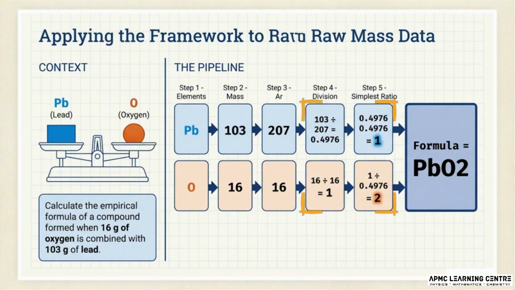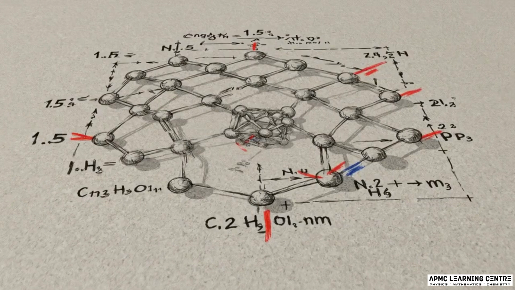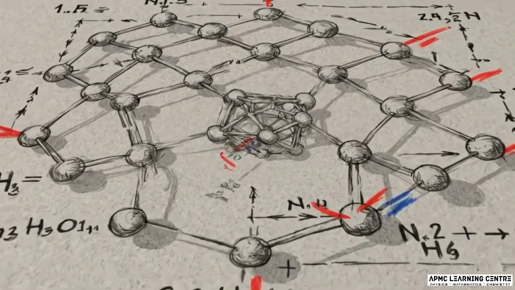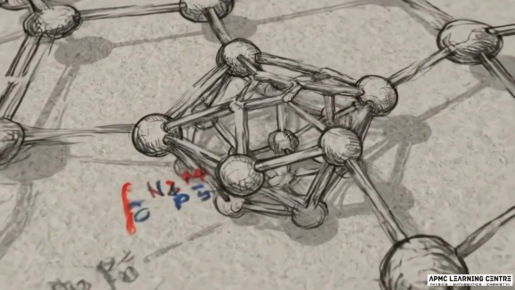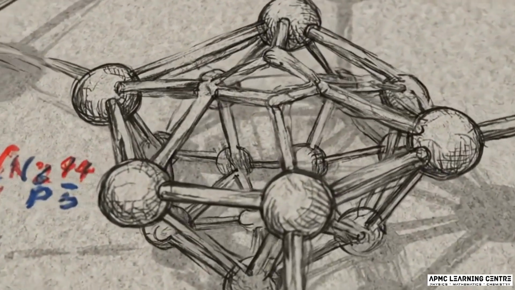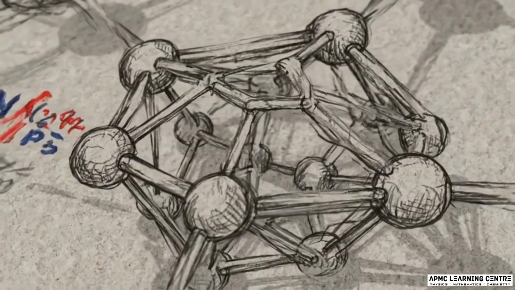By dividing both results by the smallest numerical value from step 3, which is 0.4976, we force the math into a clean whole number ratio. Lead becomes 1 and oxygen becomes 2. This precise pipeline flawlessly translates chaotic, real-world physical weight into perfect, predictable geometric ratios, yielding the formula PbO2.